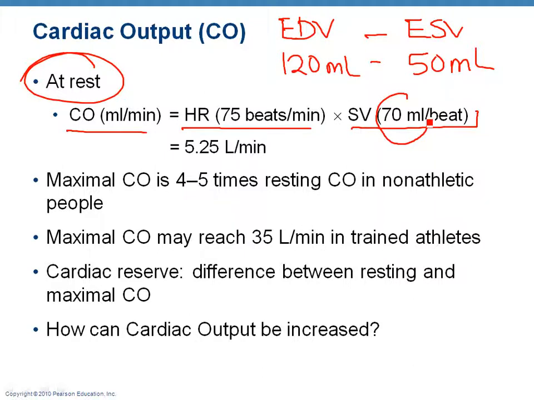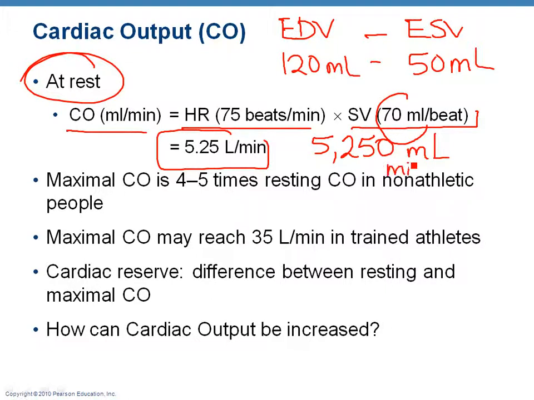So if you have a heart rate of 75 beats per minute, and you are pumping 70 mils of blood out of your ventricles per beat, all you do is multiply 75 times 70, which would come out to 5,250 milliliters.